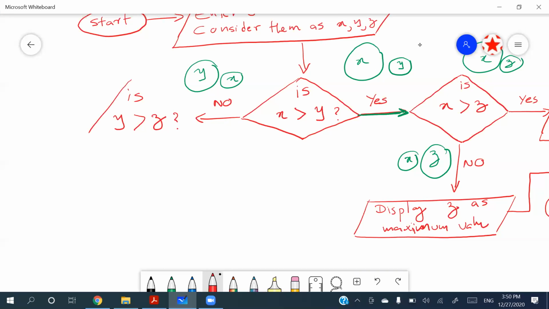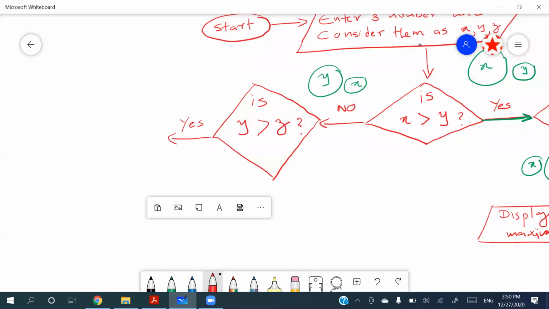In that case, if it is in the yes part, then you are going to display Y as the maximum value.